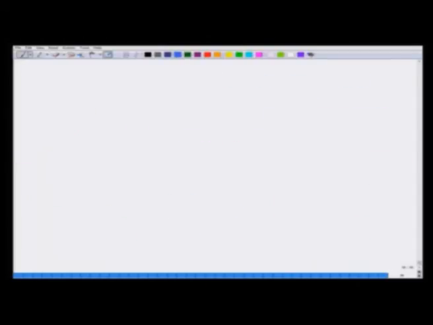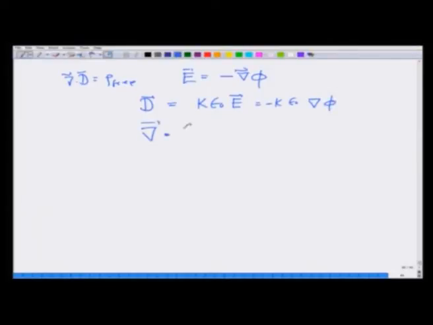So, what we have is divergence of D equals rho free, we have E equals minus grad phi, we have D is equal to k epsilon 0 E, which is minus k epsilon 0 grad of phi. So, if you like, we have divergence of k epsilon 0 grad of phi, with a minus sign, is equal to rho free.